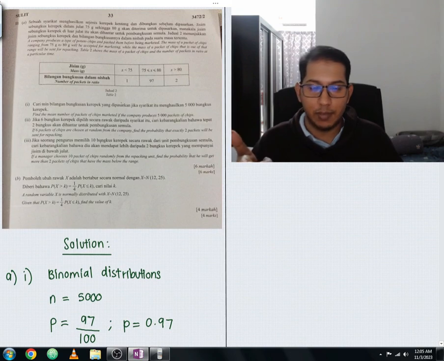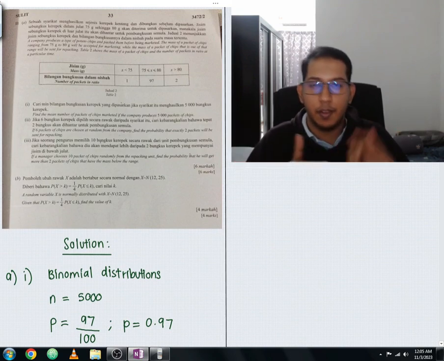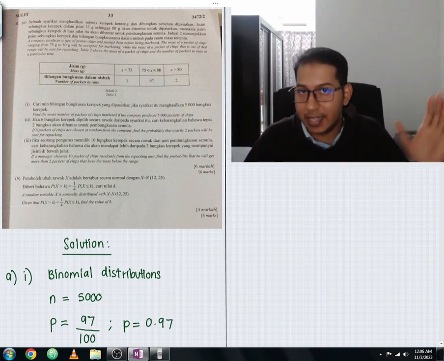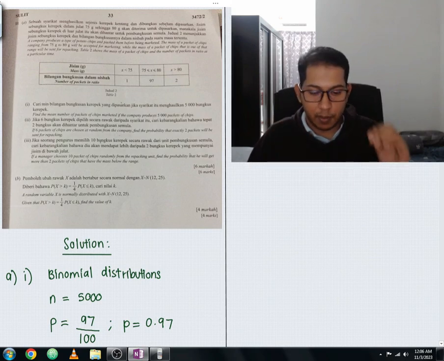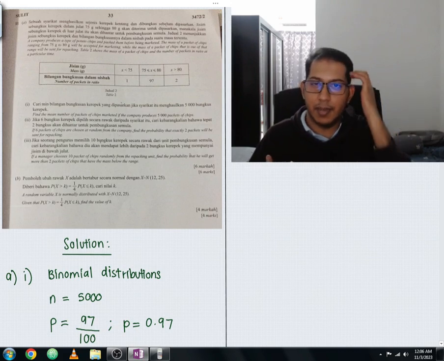Because you have 10 chips, right? 10 chips means x more than 3, x more than 4, x more than 5, x more than 6, 7, 8, 9, 10. You add them all. Or you can do this, where 1 minus the probability of x less than or equal to 2. Which one is better?